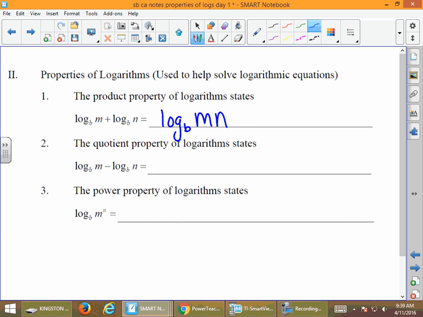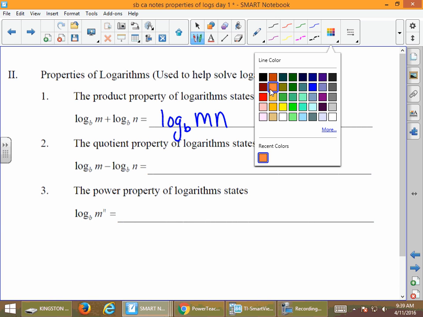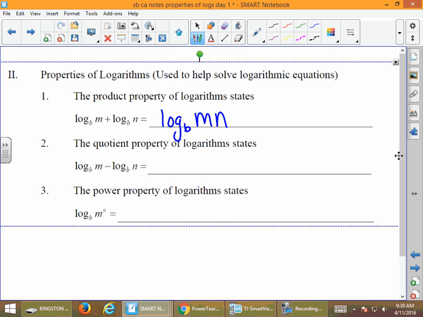This goes back to the exponent properties. I don't know that you should write this down, but if you think about the exponent properties, a to the m times a to the n equals a to the m plus n. So when they're added together, we can multiply, which is really where the rule comes from.